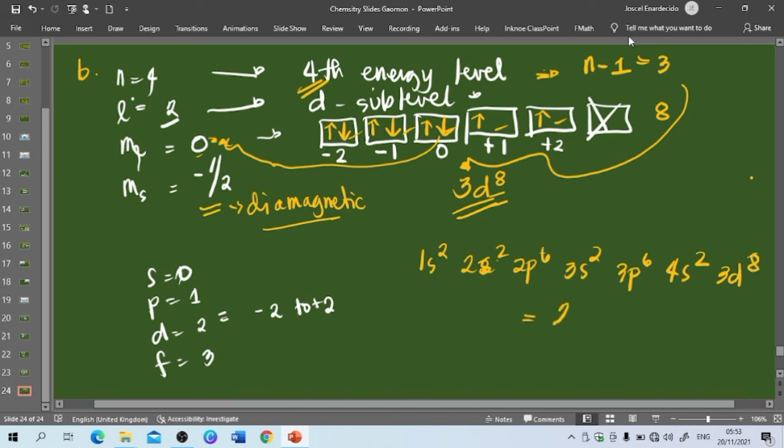So there are 28 electrons in here, and the atom that has 28 electrons is called nickel. So this is what we call n-1 equals 3. So that's all for this quantum number.